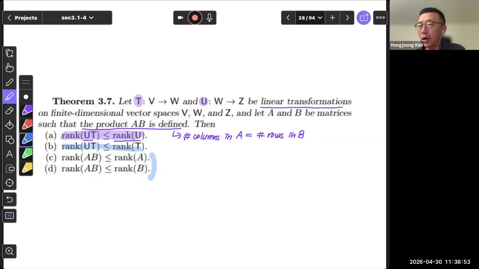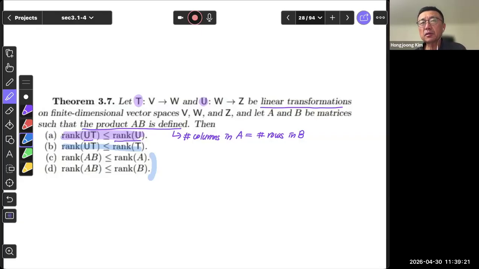When you consider the composite of two mappings, you cannot generate anything new. There can be no news from the composite. Or when you multiply two matrices, you cannot generate more linearly independent columns. That is the meaning of theorem 3.7.